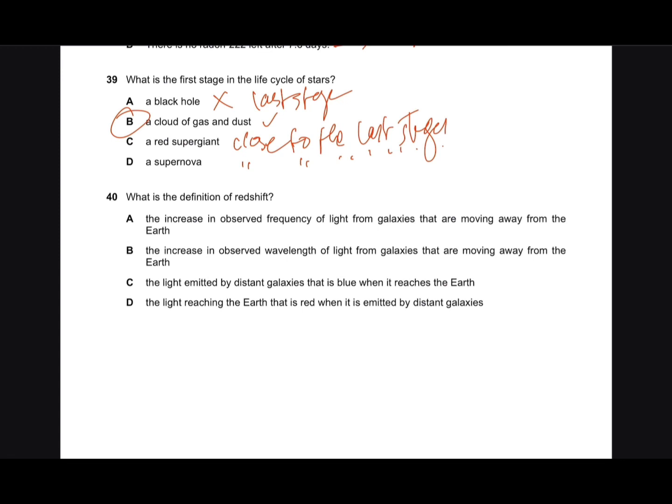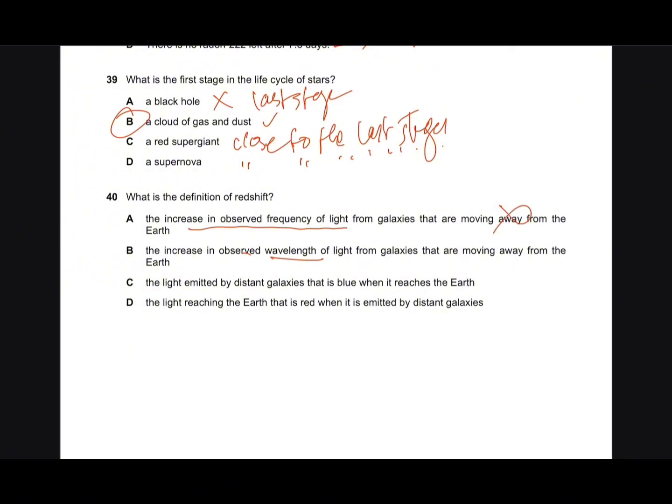What is the definition of redshift? Now the definition of redshift says that the increase in observed frequency of light from galaxies that are moving away from the earth. Increase in observed frequency, so it doesn't talk about the frequency, but rather it talks about the wavelength. So we've got the increase in observed wavelength of light from galaxies that are moving away.